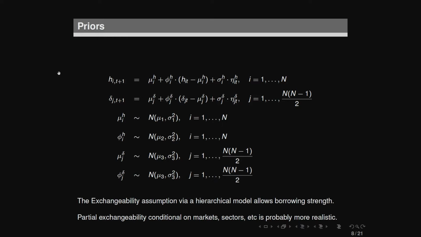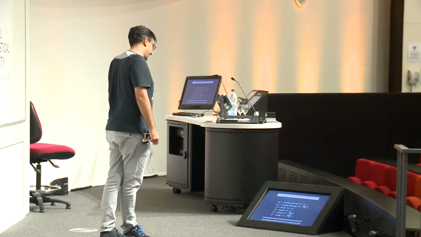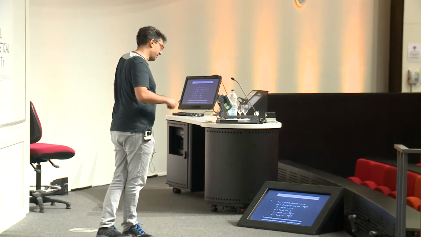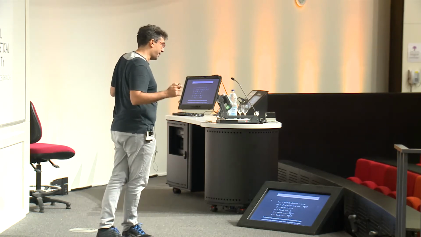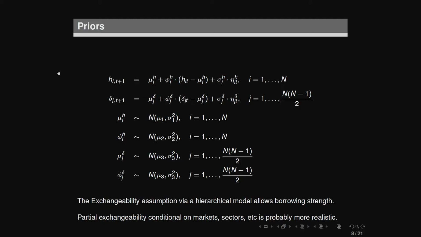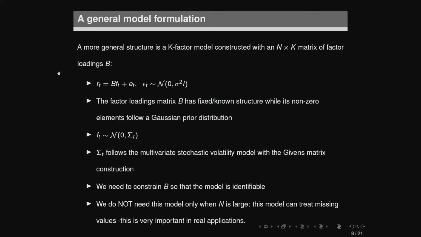This is not necessary. I do it because of my culture of thinking about hierarchical models and shrinkage. These are priors of the parameters of each autoregressive process, so that they borrow strength between each other. So, okay, this is my model formulation.